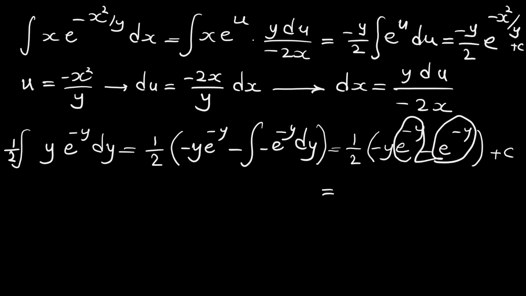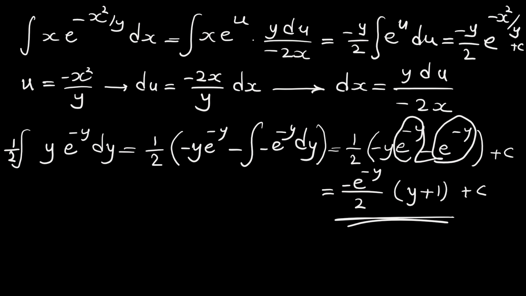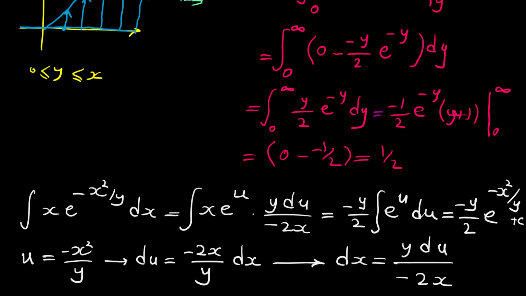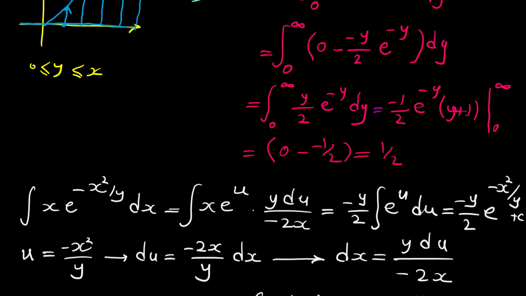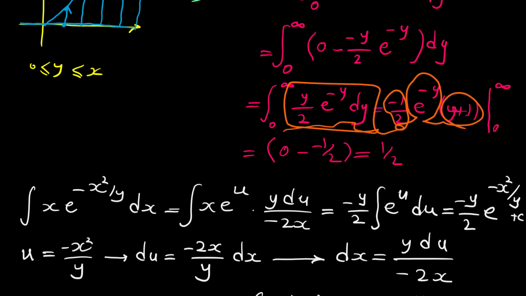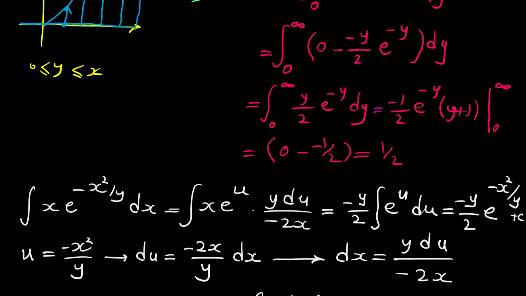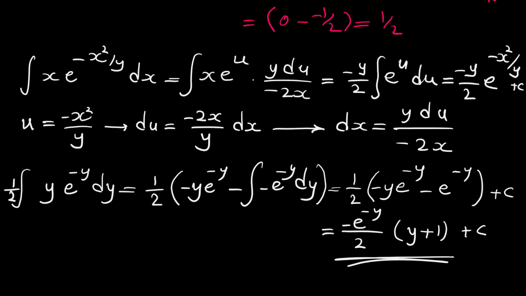So if we factor a negative and e to the negative y from these two terms, we can write this answer in the form of negative e to the negative y over 2 times y plus 1 plus c. This answer is exactly the answer that we used here. The integral of this expression is negative 1/2 e to the negative y times y plus 1. And this is exactly the same answer.